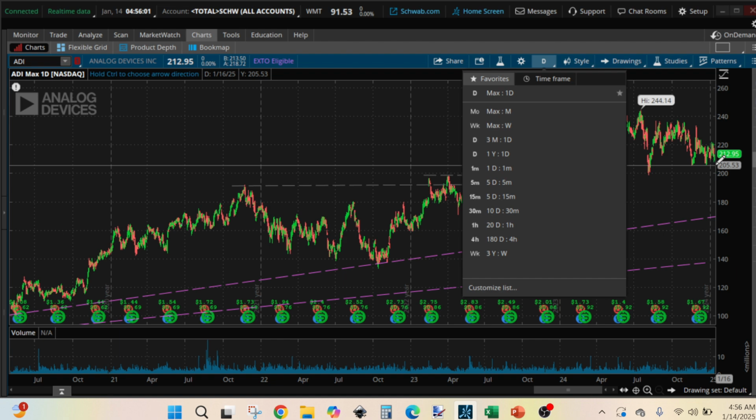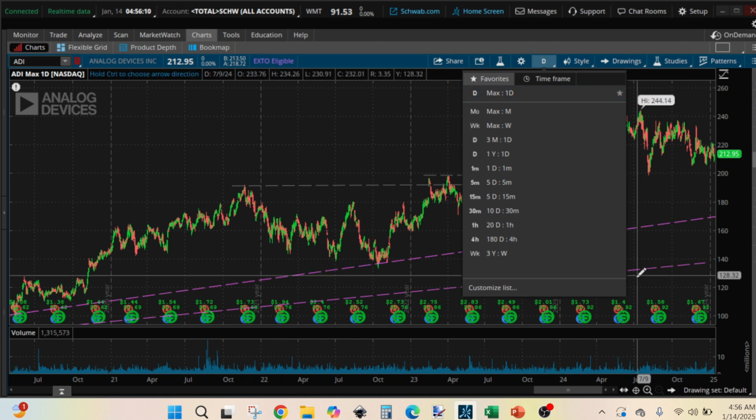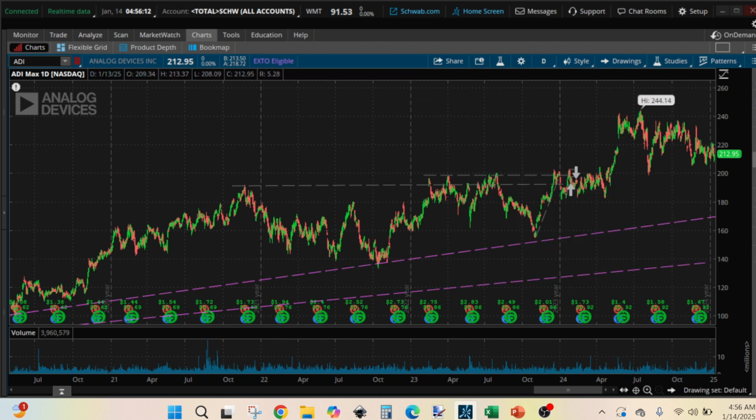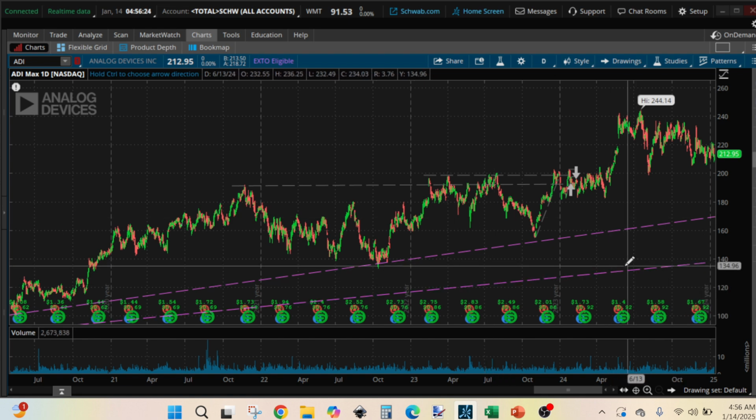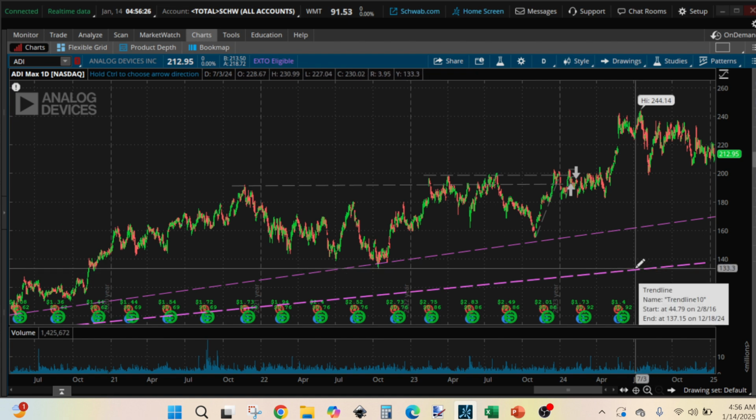So it could happen. You can use 1 year daily chart or maximum daily chart, but we'll use maximum daily chart because, since we are buying long, we have a fixed trend line that we like to wait for the price to come to. On a 1 year daily chart, we may not see some of those trend lines.